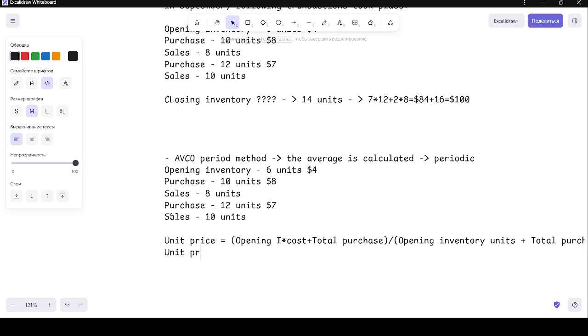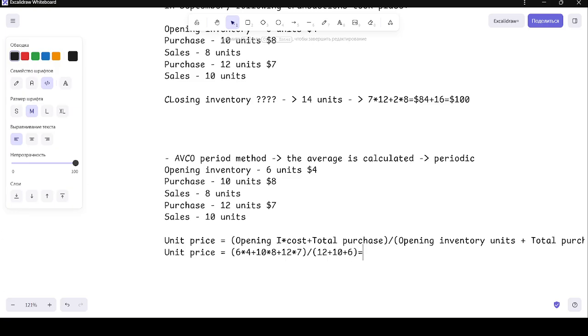Here our unit price equals 6 multiplied by 4 plus 10 multiplied by 8 plus 12 multiplied by 7, divided by 12 plus 10 plus 6.